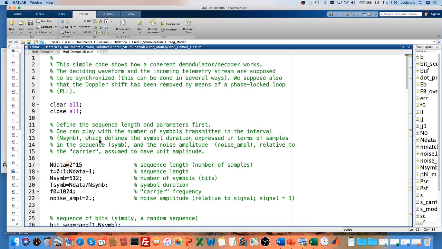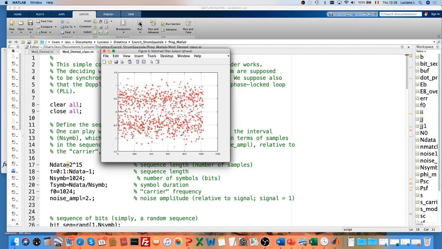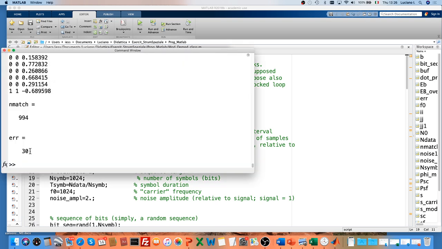And if we want to go even a bit further, which may not be a good idea, but let us say 1024, so increase the bit rate even more, well, in that case, I expect a large number of errors. You see, the clouds are much closer to each other, and indeed, the number of errors is 30.